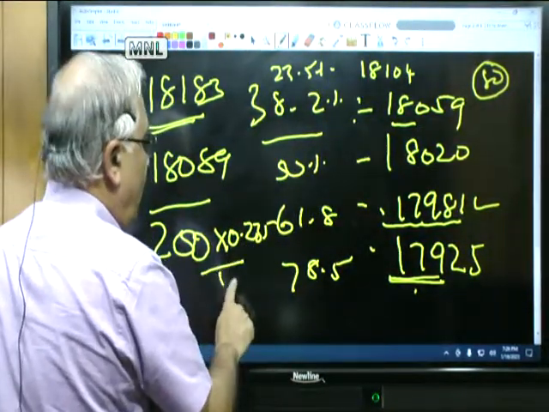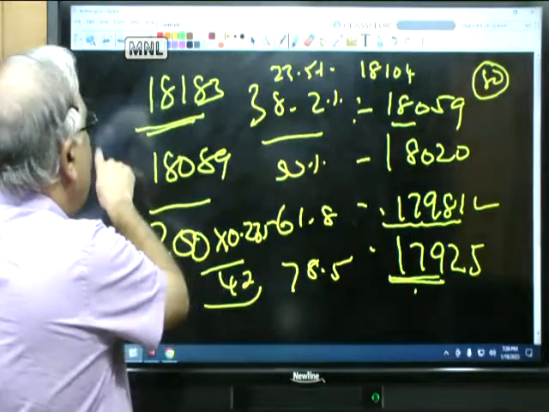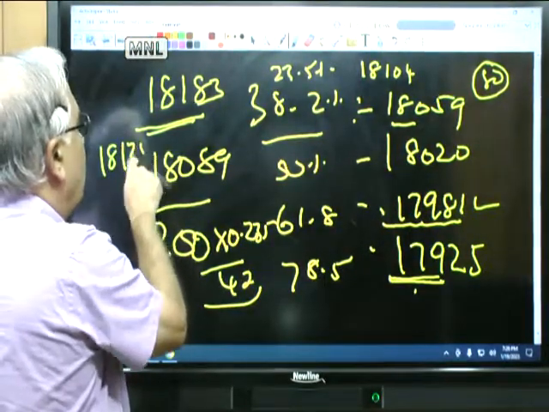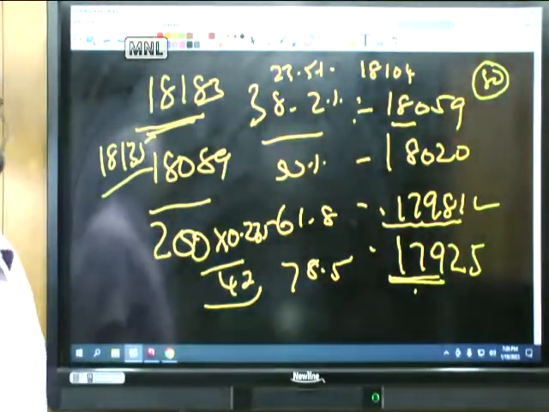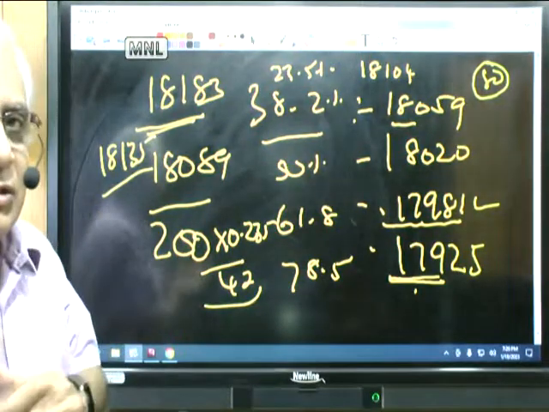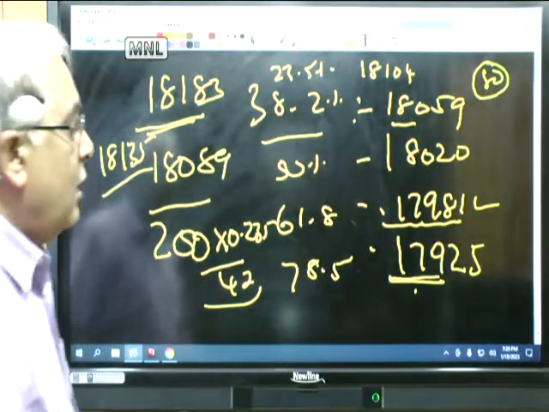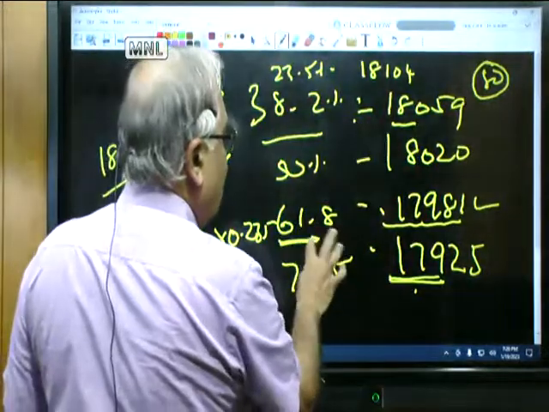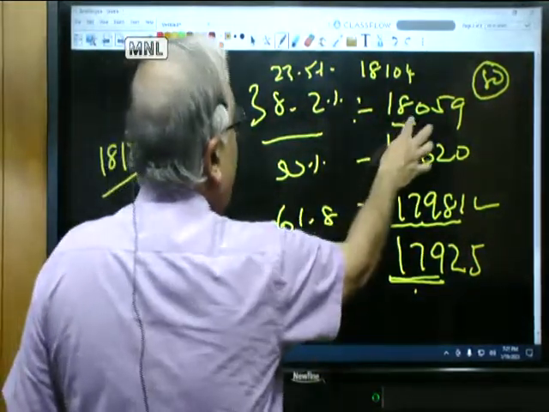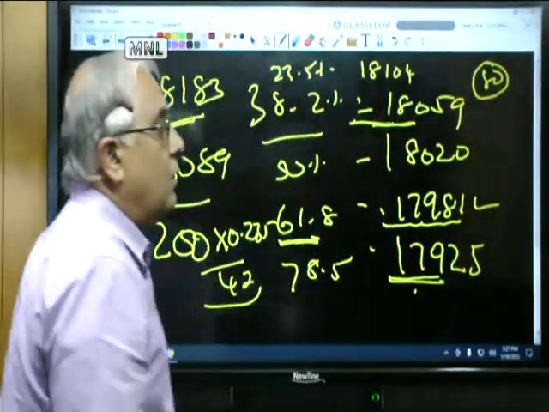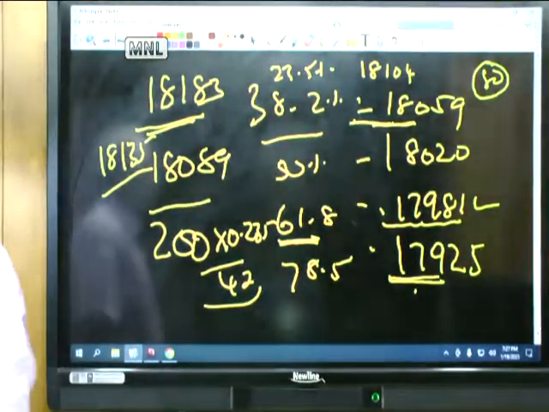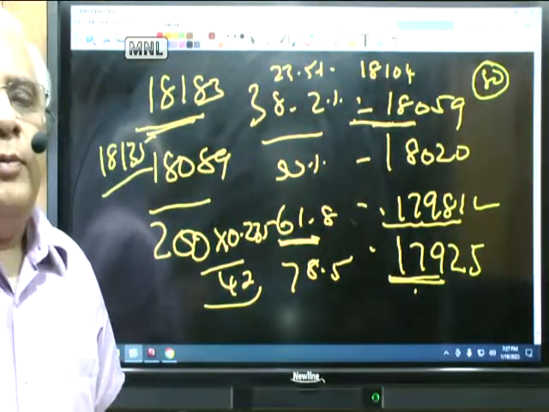So let us say 47 points or 50 points, then it will come to 18,135 or so. So that is the biggest stop loss. But if it comes to this particular line itself, then we can keep 18,059 itself as a stop loss, and keep moving our positions.